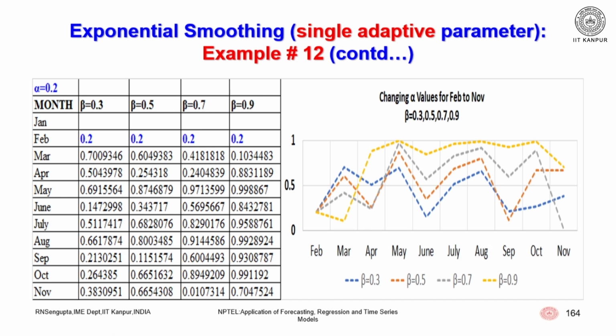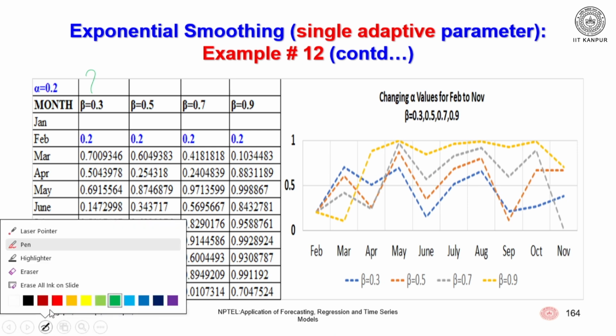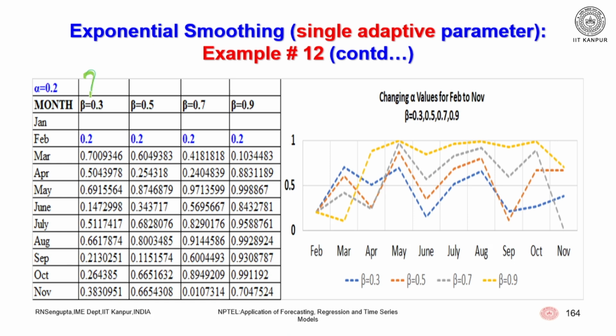As you can see in the second column, it should be much darker, so it is easy for all of us to see. For the second column, third column, fourth column, and fifth column, corresponding to beta 0.3, 0.5, 0.7, 0.9, you have the changing values of alpha.